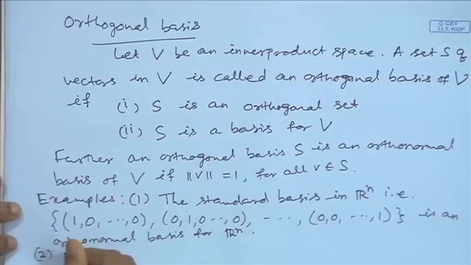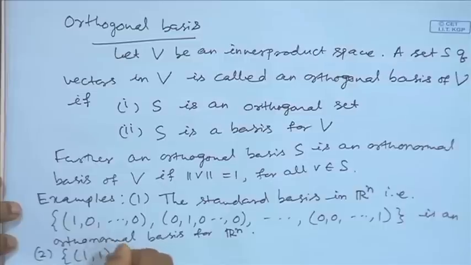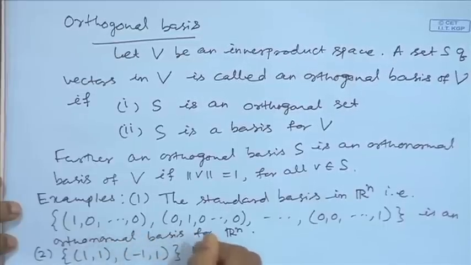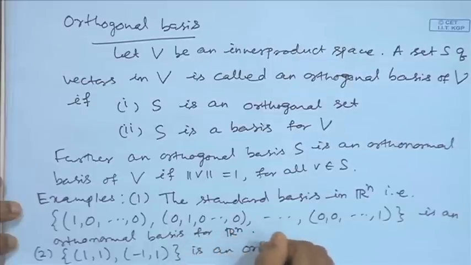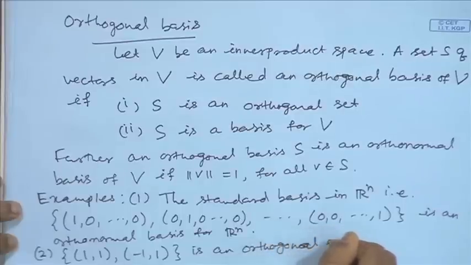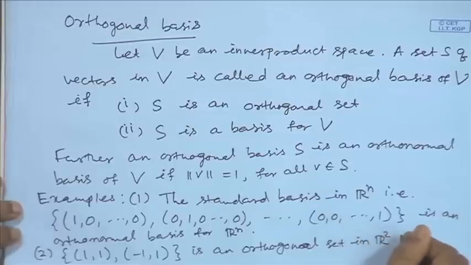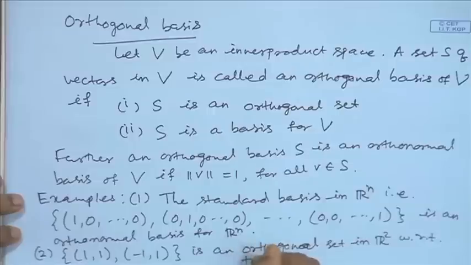The second example: here we shall see that the set consisting of the vectors (1, 1) and (-1, 1) is an orthogonal set in R2 with respect to the standard inner product.